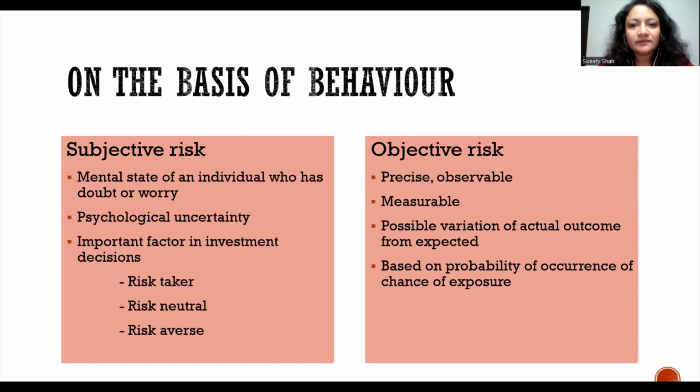So the subjective risk is a psychological uncertainty based on the person's mental ability, especially perceiving different outcomes of the identical situation. But this subjective risk perception has become an important factor nowadays in investment decision making.